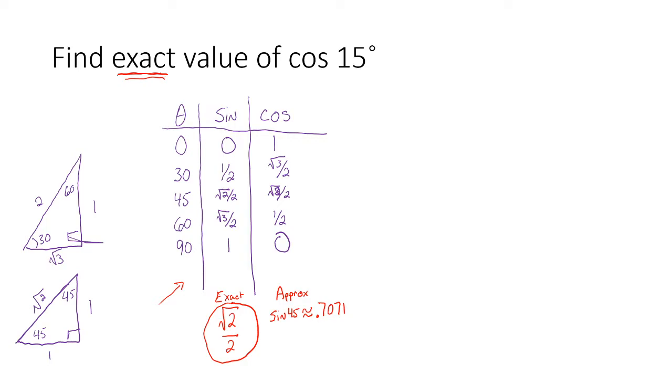I've got a calculator sitting right here, and so I'm going to take my calculator and I'm going to push the cosine of 15 degrees. And when I press cosine of 15 degrees, I get approximately 0.9659.